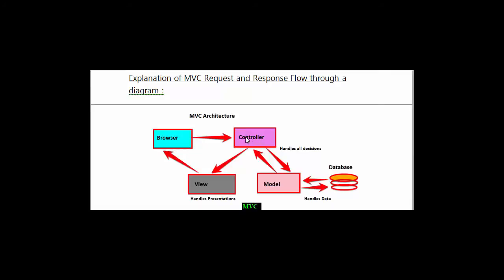Okay, and on the basis of the response, the controller then processes the view file. Then the view file is responsible for rendering any HTML, CSS or JavaScript to the browser. So you can see the whole chain of MVC design pattern, and it's so easy to understand the whole architecture.